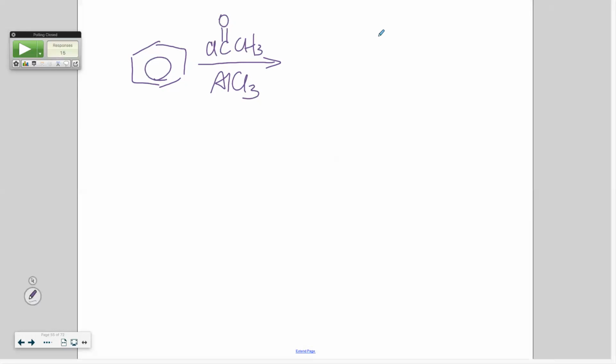We're not going to do all the mechanisms. We're just going to write out what we get. Okay, so here's my benzene. Maybe it's not wanting to connect. Okay, and then what do I have on my benzene now? Okay, and then what am I going to add?